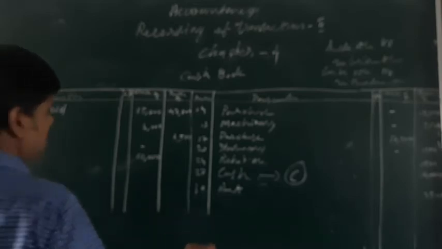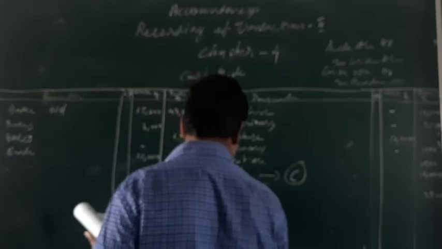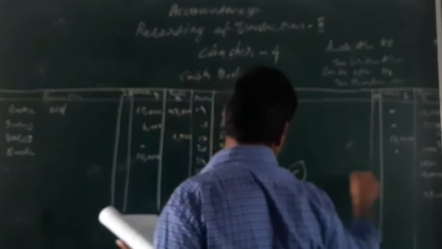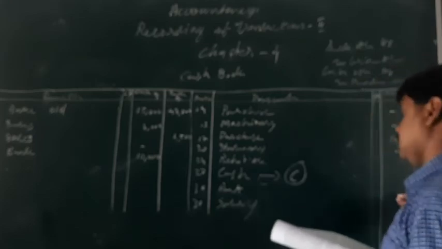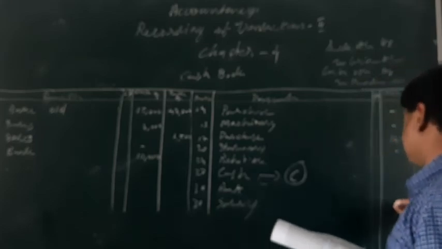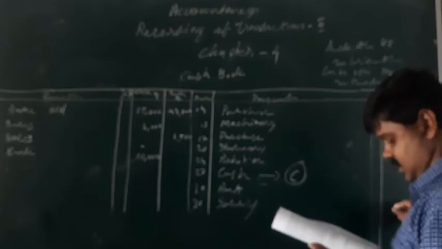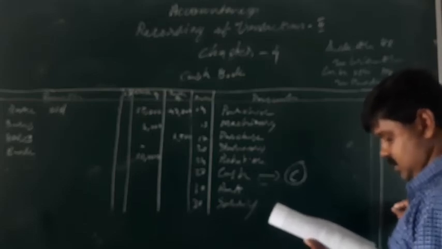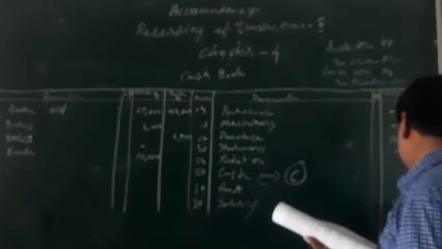So salary paid we write here, and we assume it is a cash payment, so in the cash column salary paid is 3,500.